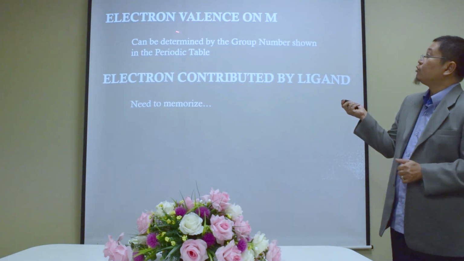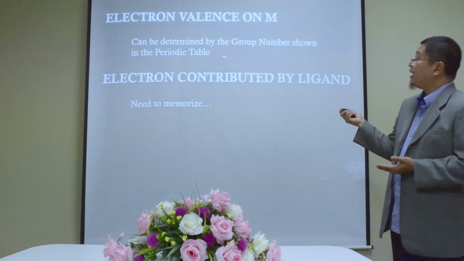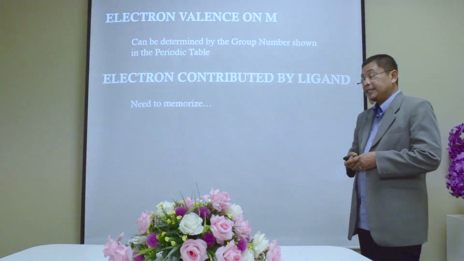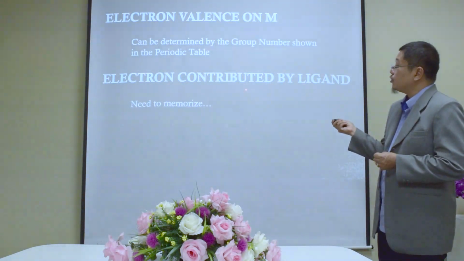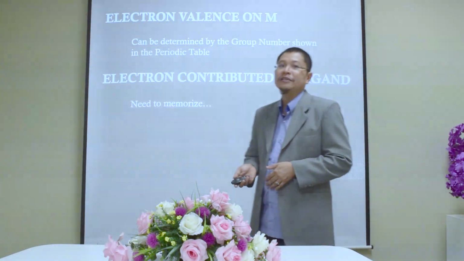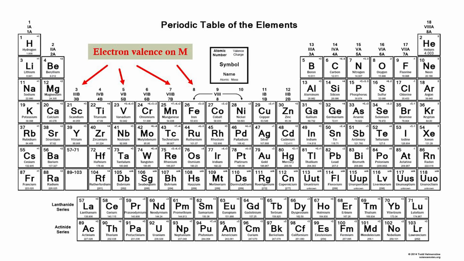The valence electrons on M, you can simply get from the group number shown in the periodic table. For the electrons contributed by ligands, there's no other way to do it. You need to memorize. For example, for the valence electrons on M, if you refer to the periodic table, you will see there is a group number.